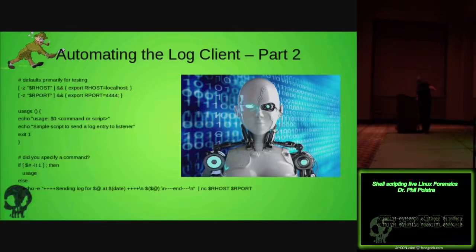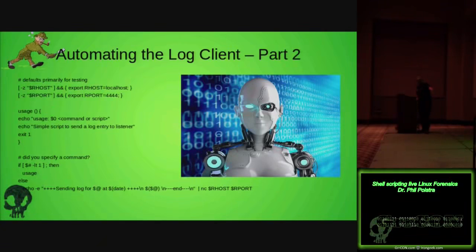So the line at the end might look a little involved, but if you decode it, here's what it's going to do. So I'm going to say echo -e, that means please interpret things like the \ns. So I'm saying sending the log for, and $@ is the full command that was passed to the script. At, and then the date, and a couple more plus signs, and then a new line.